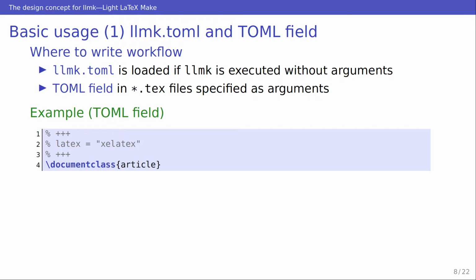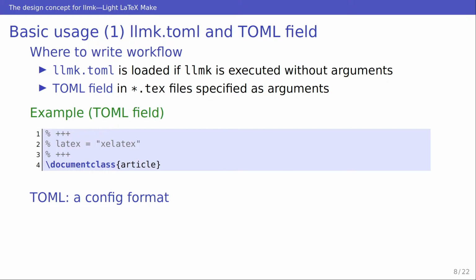Another option is to use a TOML field in TeX files. A TOML field is, as shown in this example, a special comment in a TeX file. The place sandwiched by the comment lines, which include more than three plus marks and "TOML field", you can write the configuration of llmk in the TOML format.